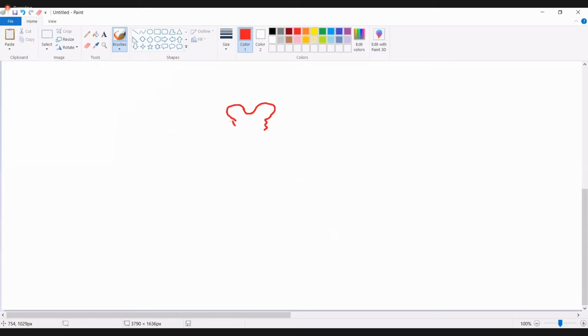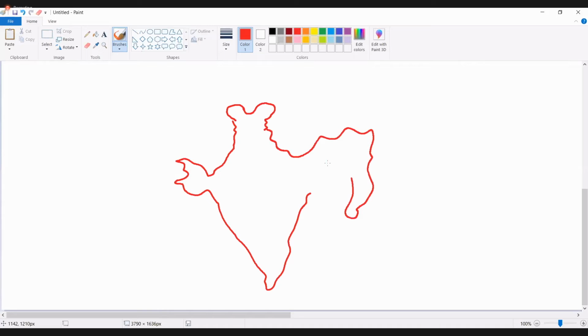This is the India map. Let's assume that you are somewhere in Andhra, and you want to move from Andhra to Jammu.